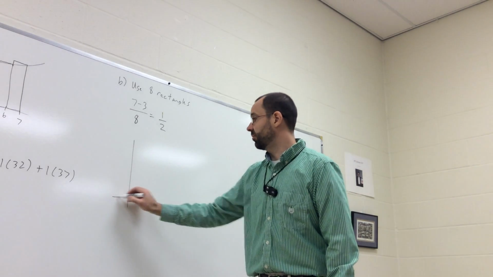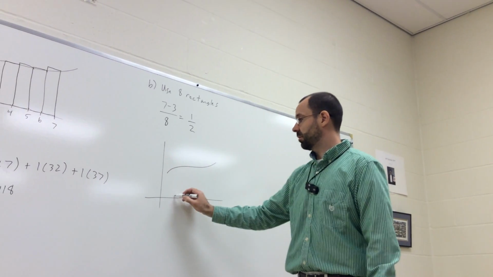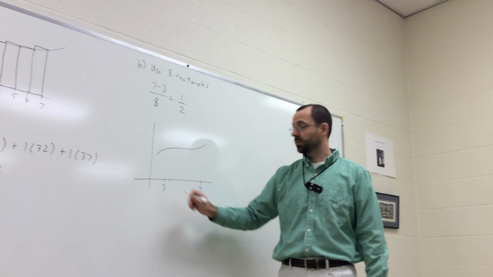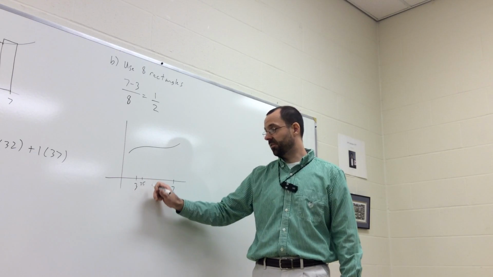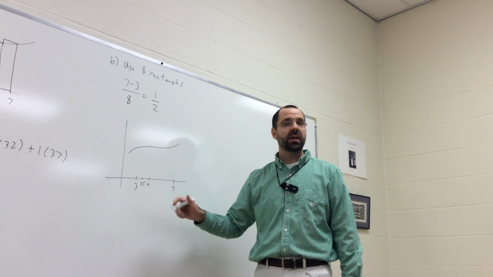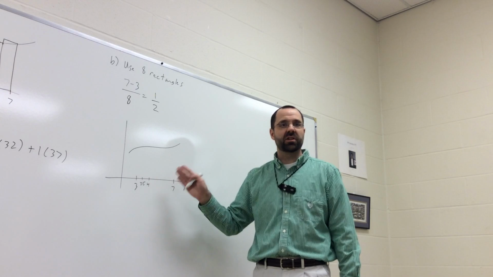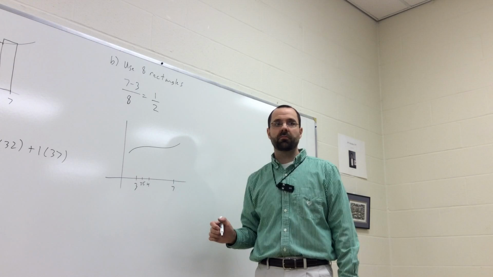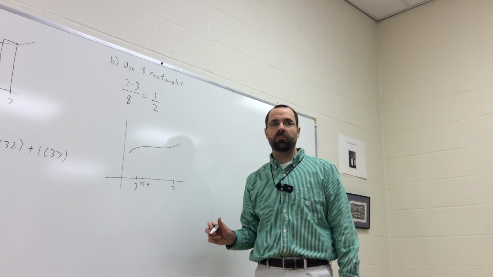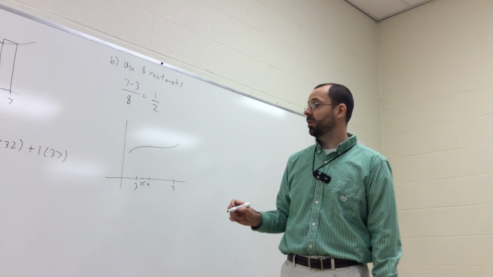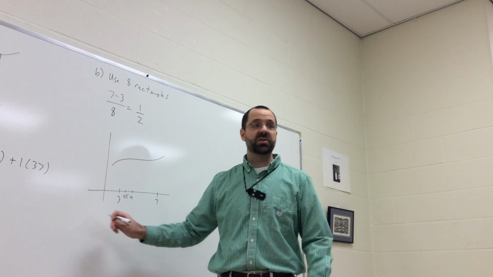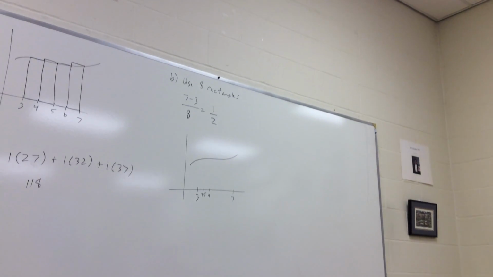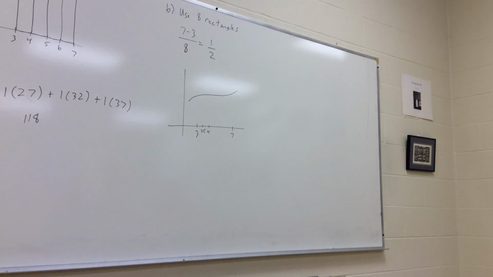So there's going to be a rectangle from 3 to 3.5, and then another rectangle from 3.5 to 4, and another one from 4 to 4.5, et cetera, et cetera, right? So I'm going to spare you the details on that. It comes out to 113.